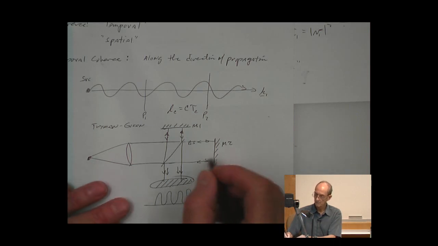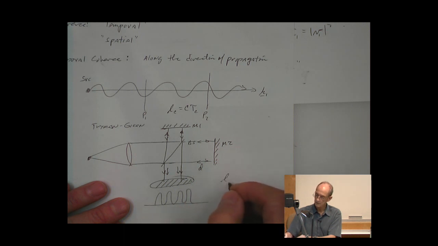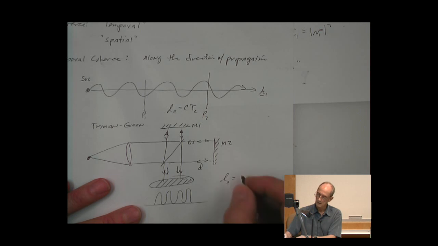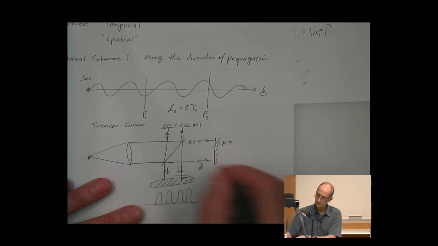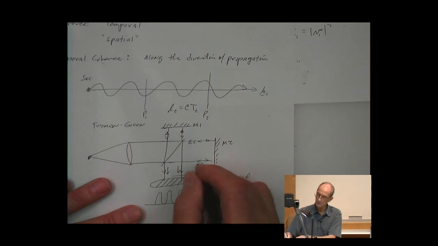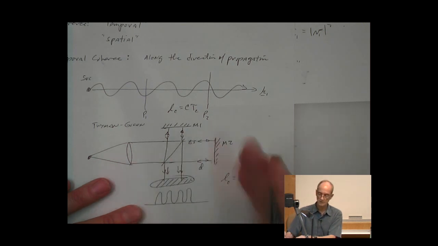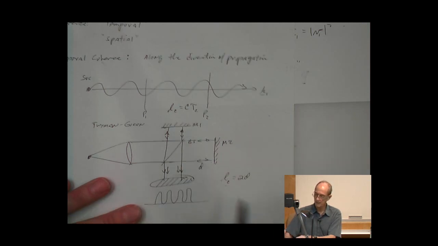And then what you do is you keep increasing this distance out here, and so the coherence length, L sub C, is, say this is very crisp, very sharp fringes, and then they wash out. So that distance, so you're actually getting 2D, right, because the beam goes out and back. So if you move this back a distance D, the coherence length is twice that distance because of that.